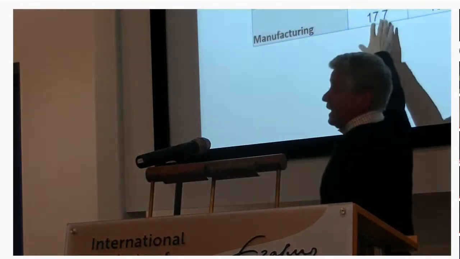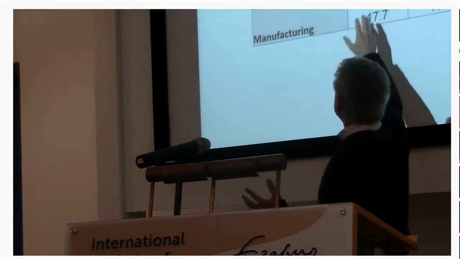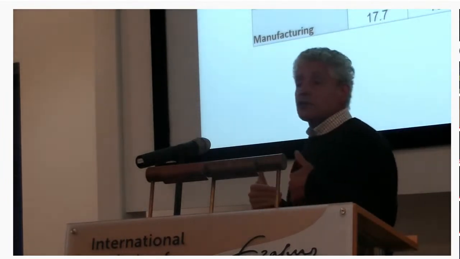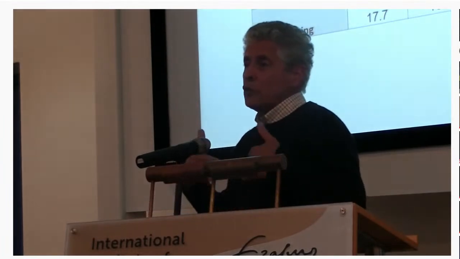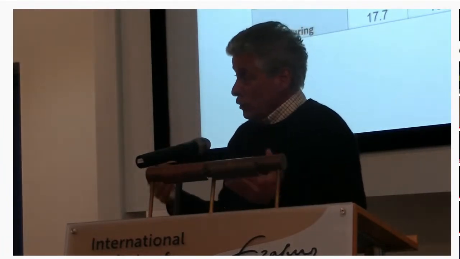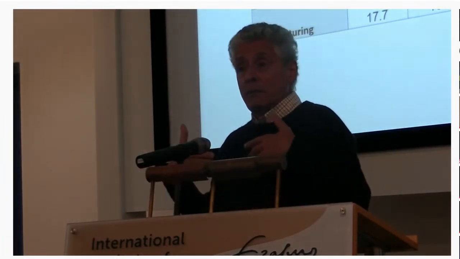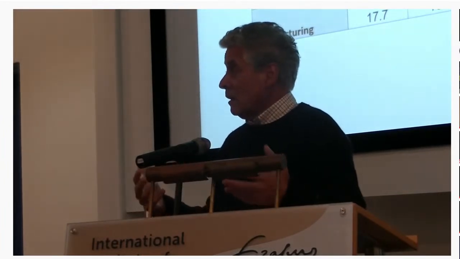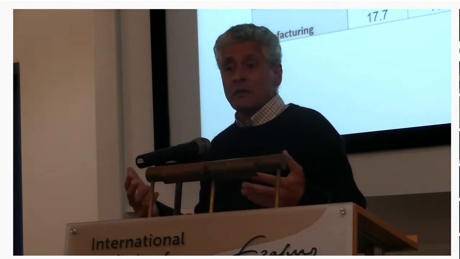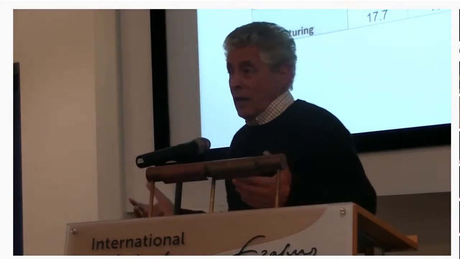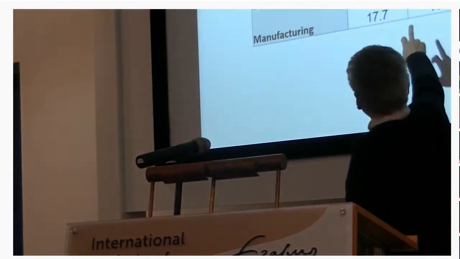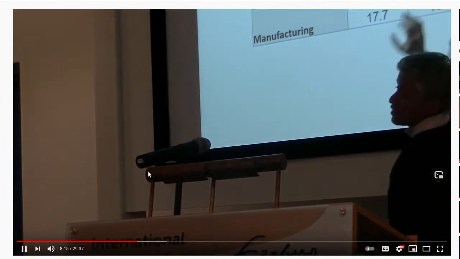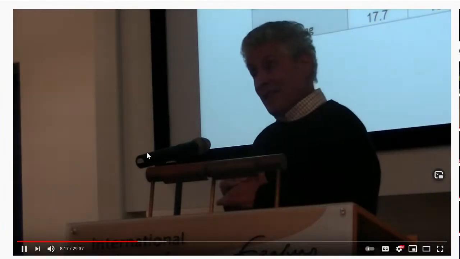So this figure here is 17% of the total. Most of the rest, when we talk of industry, it includes manufacturing, but the bulk of it is mining. Okay? Raw material extraction. This is the bulk of it. And here we see actually raw material extraction has stayed the same.